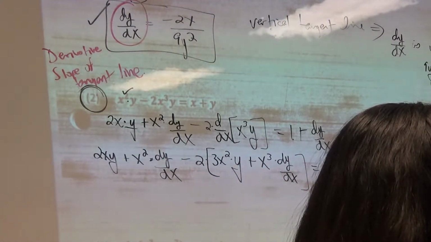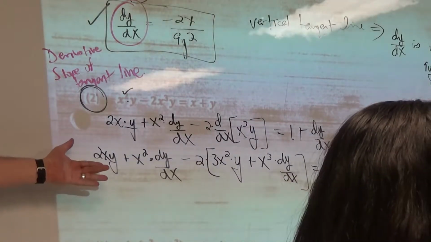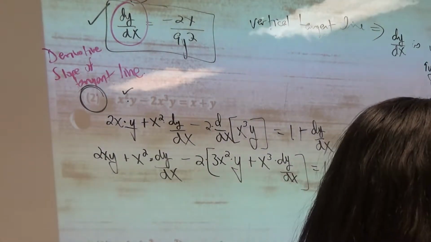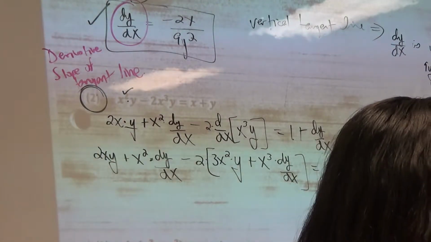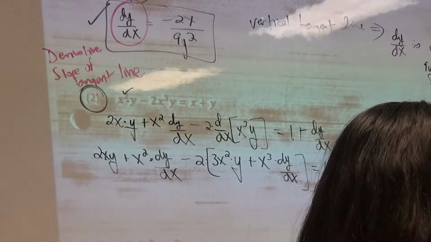Good news. The calculus part of this problem, done. I need to get dy dx by itself. The only thing left is algebra. Have a quick strategy conversation with somebody near you. What are you going to do?